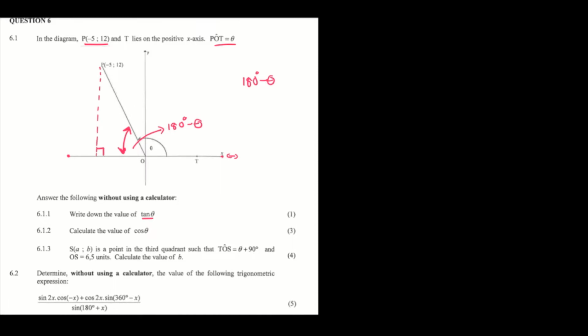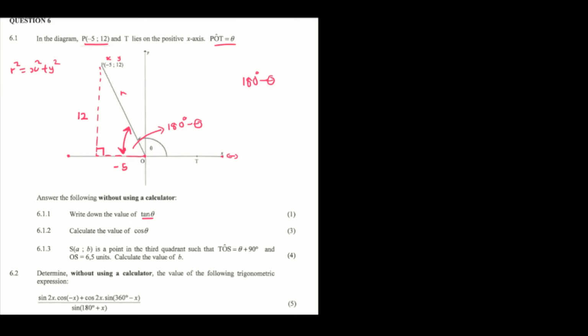So this is 90 degrees and all the way to the origin. This is our triangle, and at P, this is the x value, this is the y value, meaning here it's minus 5 and here it's 12. If you do your Pythagoras theorem, r squared is equal to x squared plus y squared, we want to find this r.